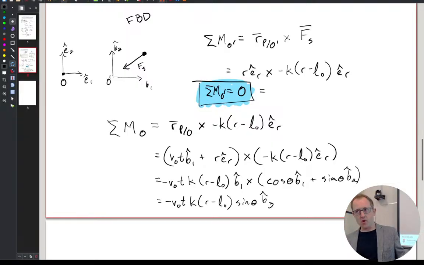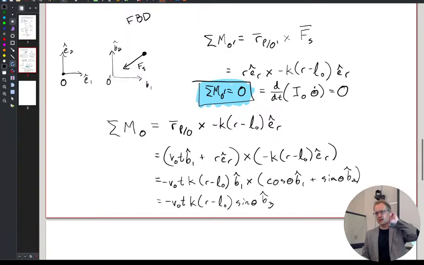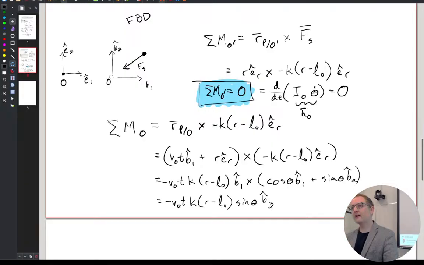So if there's no moment around O prime, then there's no change in our moment of inertia times theta dot. The general way to write this is H_O. Little h is our angular momentum.